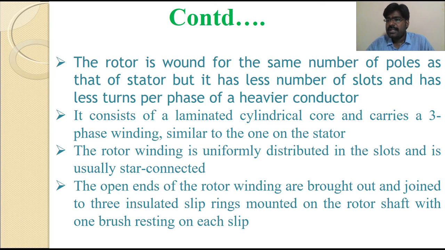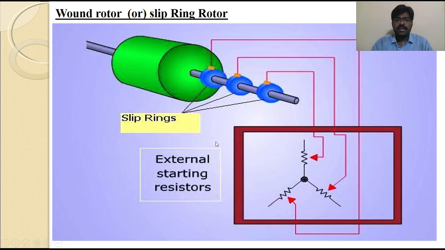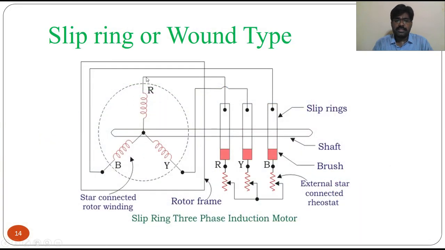So in the slip ring induction motor, the rotor winding structure is almost similar to the stator winding. In the same manner we keep the windings of the rotor. If the stator has 3 windings, each kept at a 120-degree phase shift apart, then the rotor is also kept in the same manner. You can see it here in the diagram. This is the rotor frame.